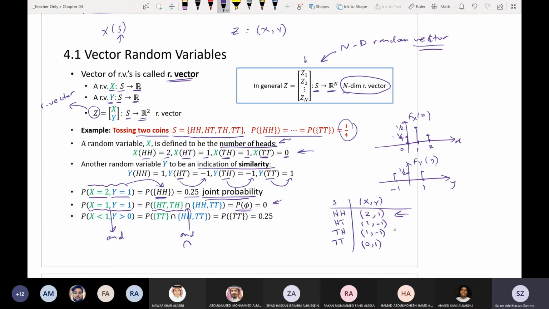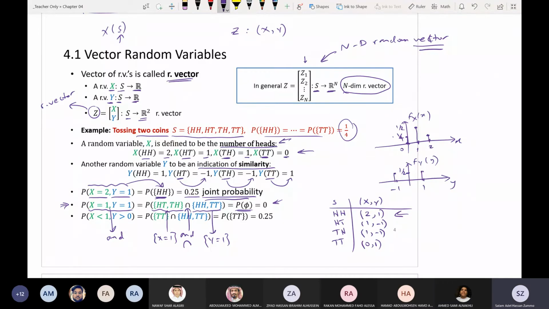When does Y equal 1? When you have similar outcomes. So this corresponds to Y equals 1, this corresponds to X equals 1, and this is the intersection between them.